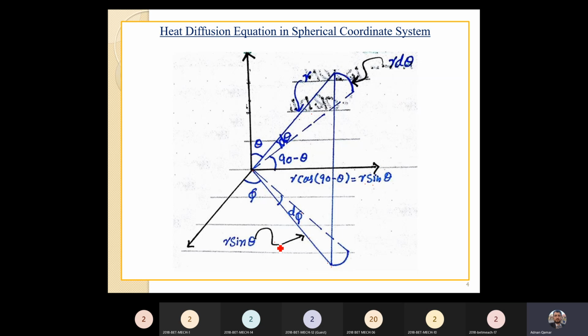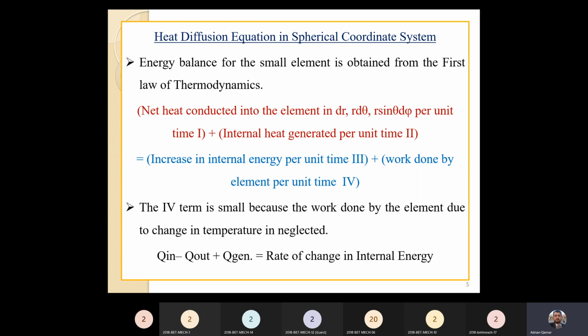This is r sin theta, and if you want to calculate the length, this would be r sin theta d phi. Okay, so you have to draw this figure as well, but at later stages, because we don't need this figure at the moment.